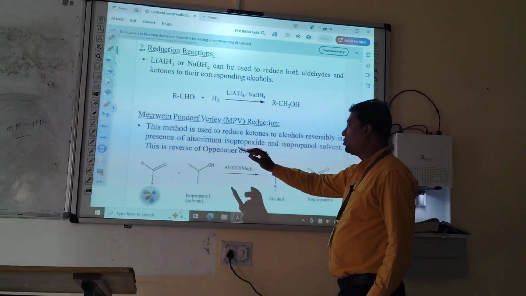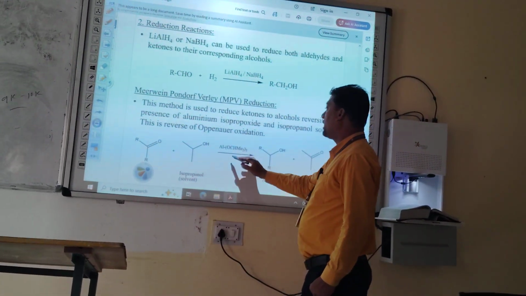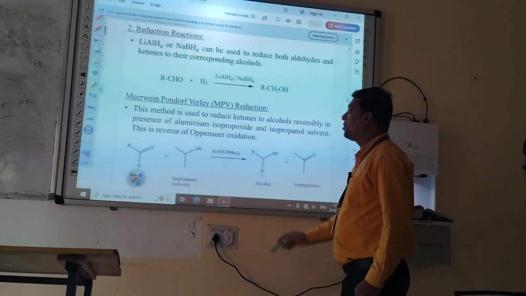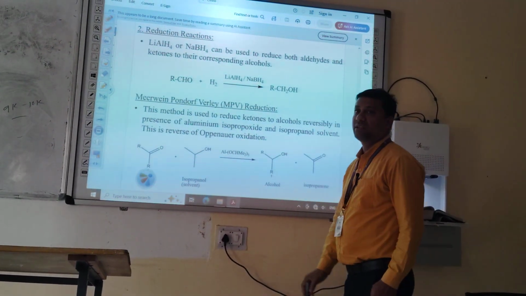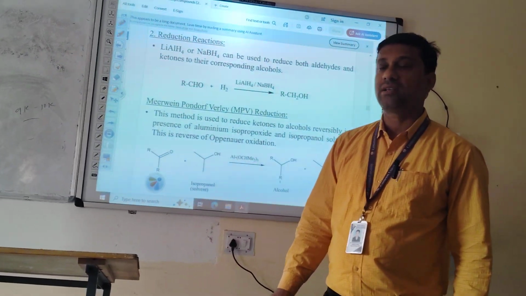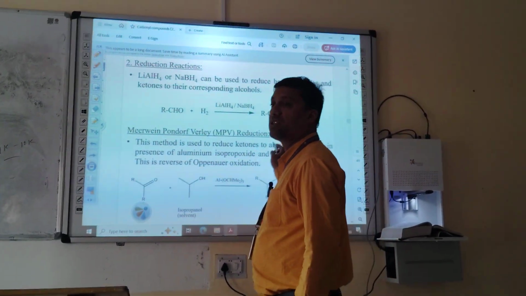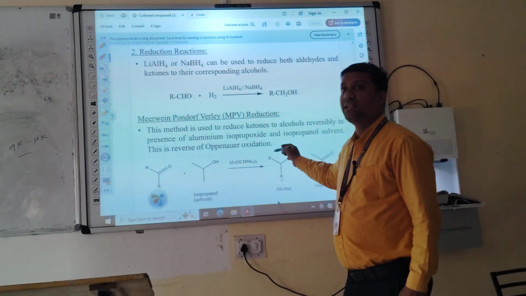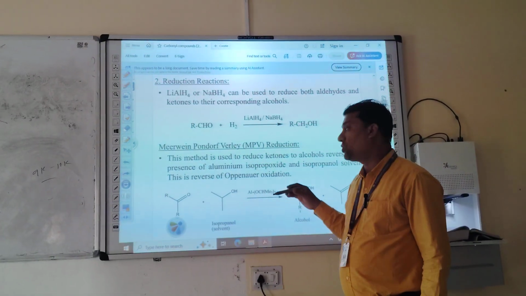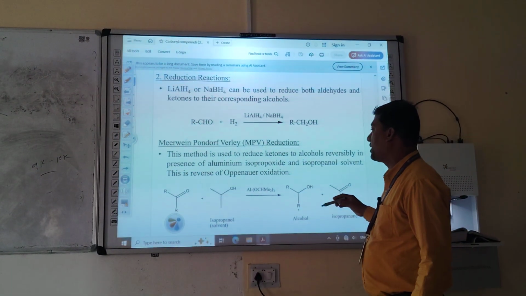This is aluminum isopropoxide. This is the reverse of Oppenauer oxidation. Oxidation is always the reverse of reduction. Here, this is a reduction reaction, and specifically it is just opposite to the Oppenauer oxidation reaction.